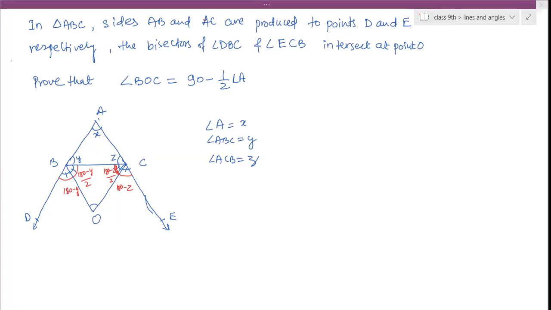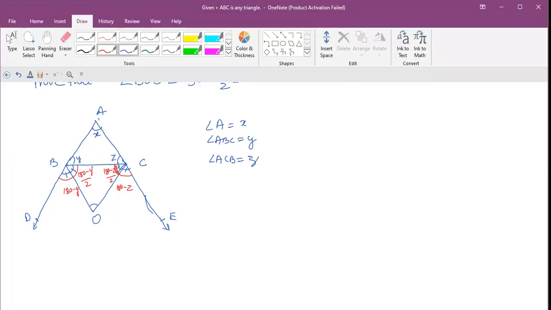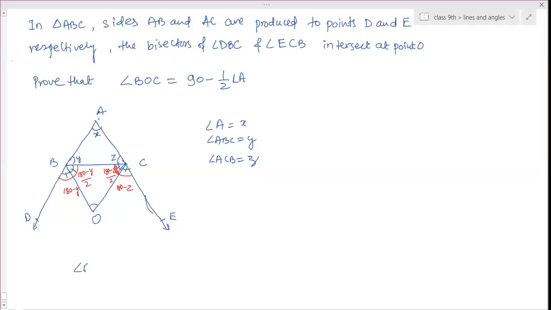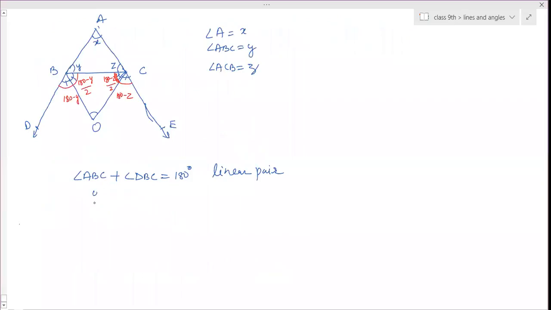Now, linear pair. Angle ABC plus angle DBC is equal to 180. Linear pair. So angle ABC is Y, plus angle DBC is equal to 180.